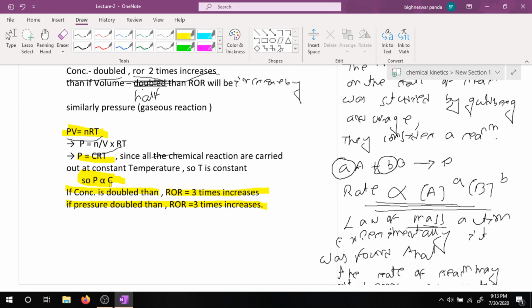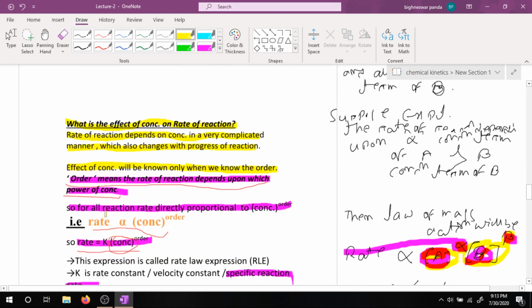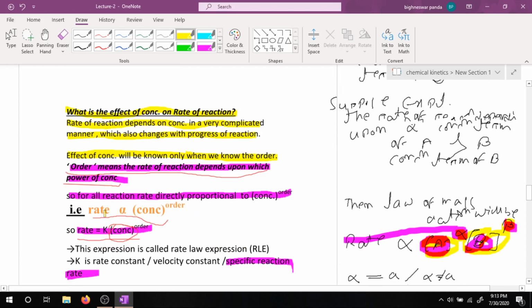If pressure is doubled, then rate of reaction also increases by 2 times. Then what is the actual effect of concentration on rate of reaction? Rate of reaction depends on concentration in a very complicated manner, which also changes with the progress of reaction. So the first effect of concentration on rate of reaction was studied by Guldberg and Waage.